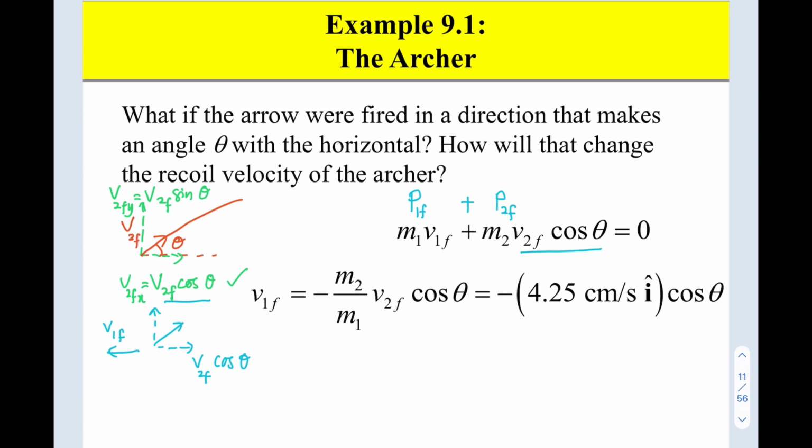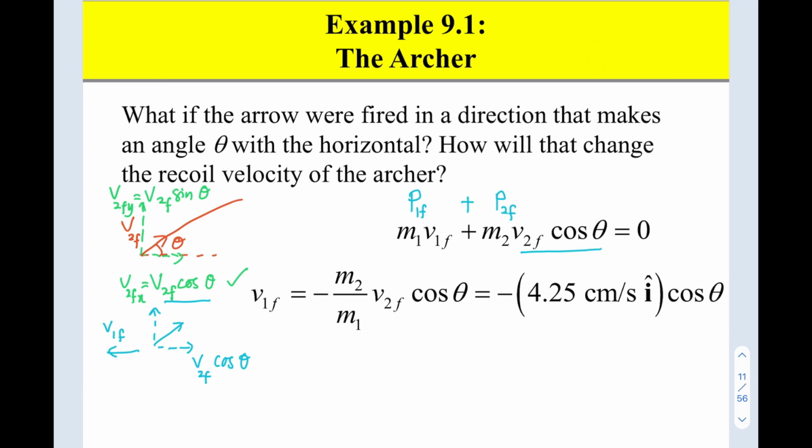So this is our V2 final of the arrow, having theta with the horizontal. So V2 has components: V2 final in terms of X is V2 final cos theta, and V2 final in terms of Y is V2 final sin theta.